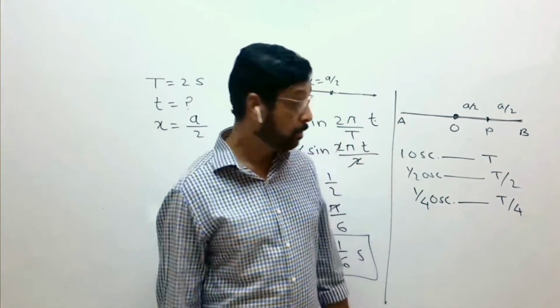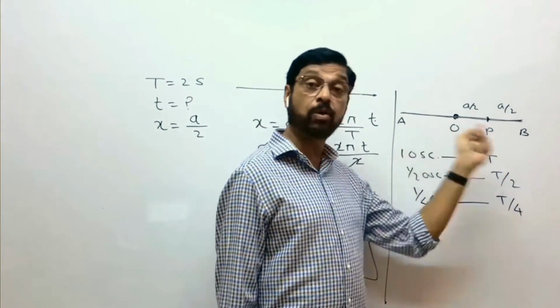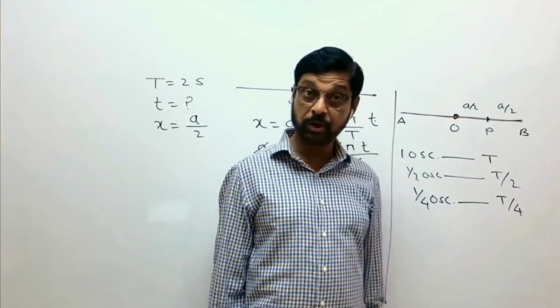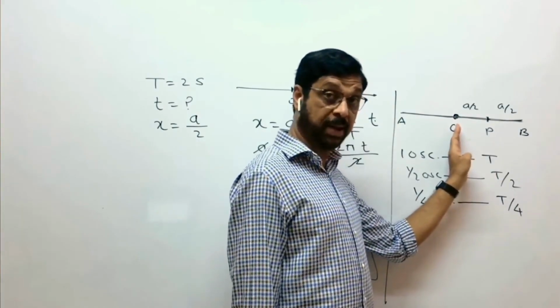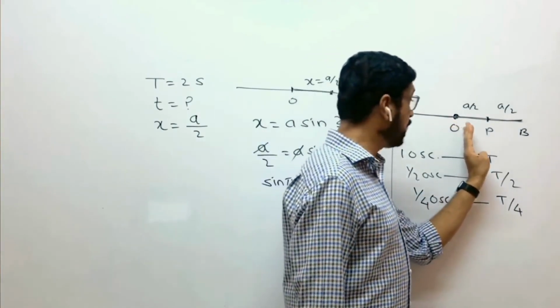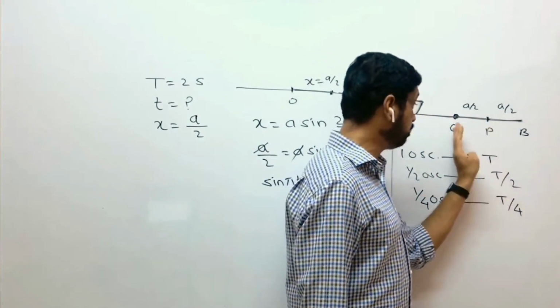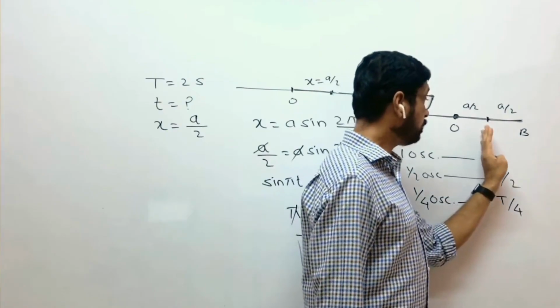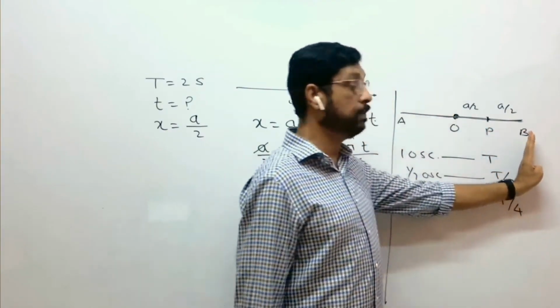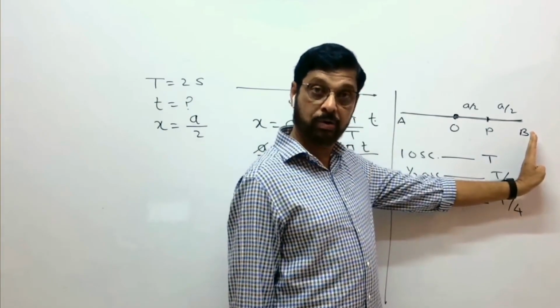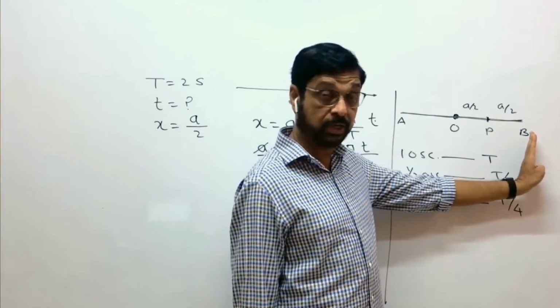Why not? Because the speed of the particle goes on changing. At the mean position, the speed is maximum. As the particle moves away from the mean position, its speed goes on decreasing, and at point B, it becomes 0. Extreme position पर speed होगी 0.